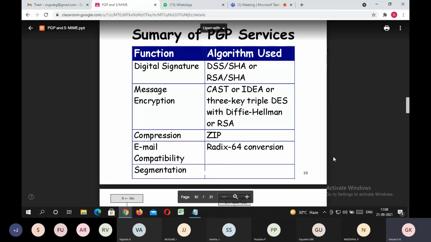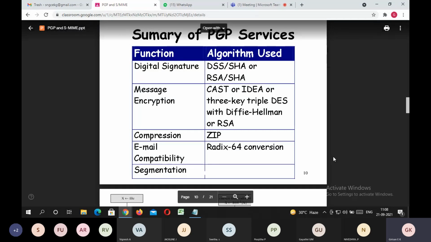For encryption, we make use of the IDEA algorithm. You remember there are 14 steps in the IDEA algorithm, or triple DES with Diffie-Hellman key exchange, or the RSA algorithm. This is used for encryption, to achieve confidentiality.